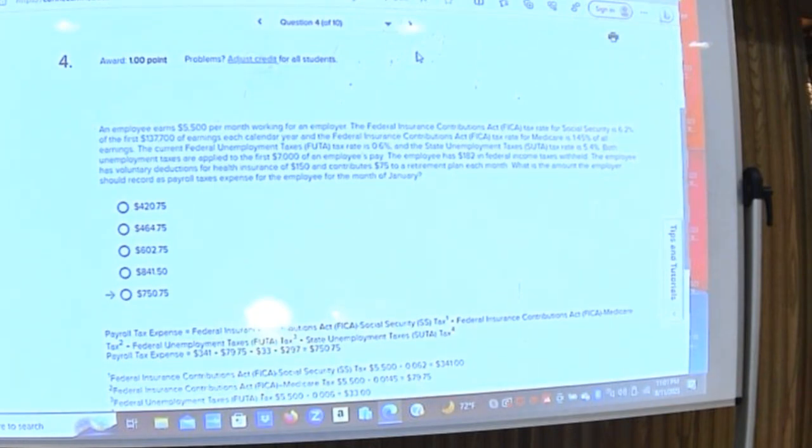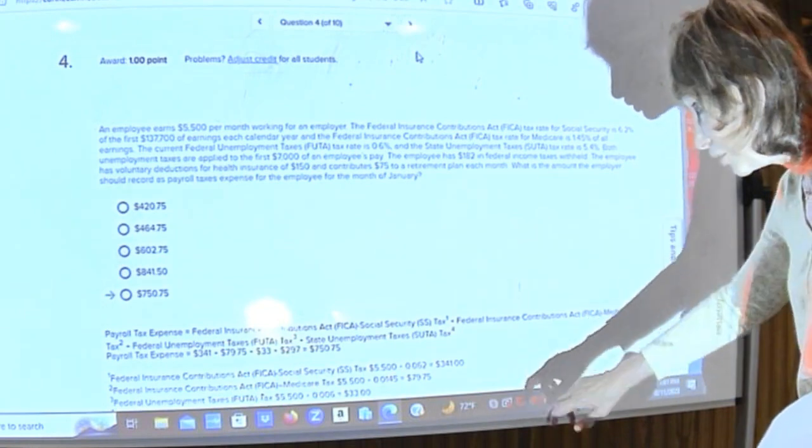So in addition to the taxes, and in this case for the employee there's no obligation to do anything with unemployment taxes, but of course we have to do FICA and also deduct those voluntary deductions, health insurance and retirement. We combine all of those numbers. Down here at the very bottom, you can see the calculations.